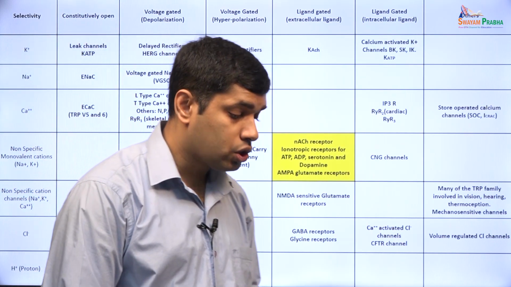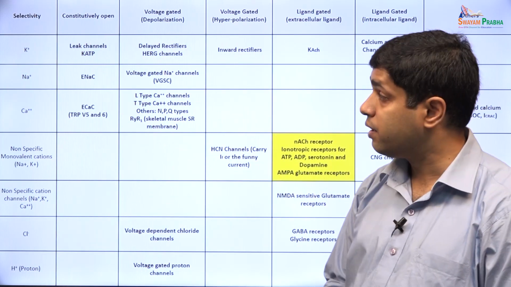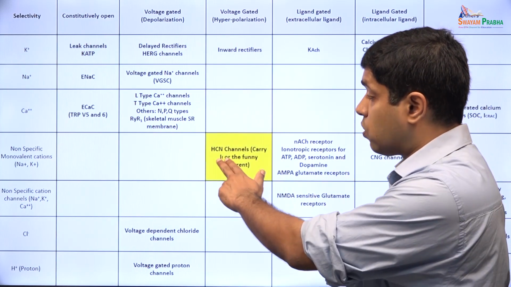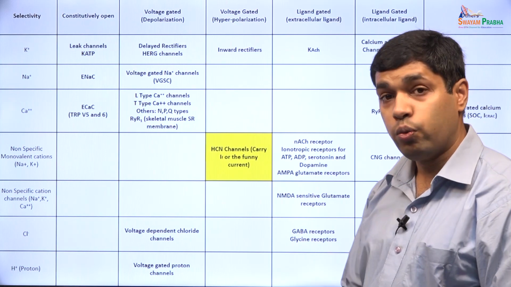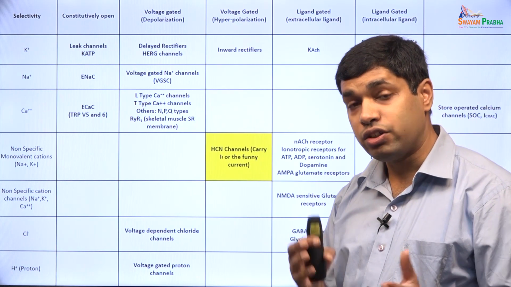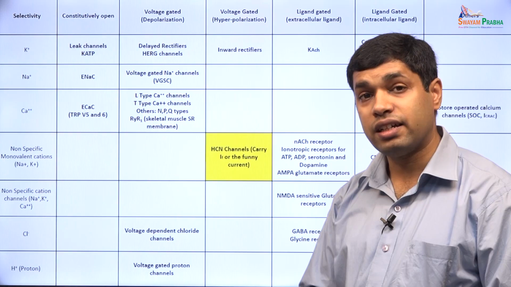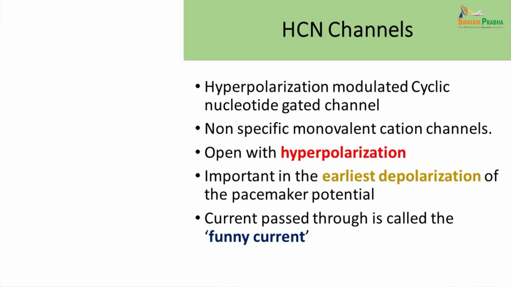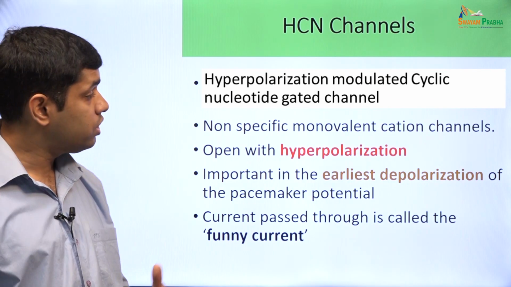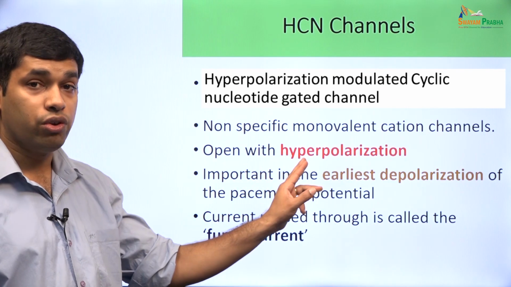We'll move on to the next non-specific monovalent cation channel, and that is what is called the HCN channel, the current through which is sometimes called the funny current. What do we know about them? HCN stands for hyperpolarization modulated cyclic nucleotide gated channel. This opens with hyperpolarization.